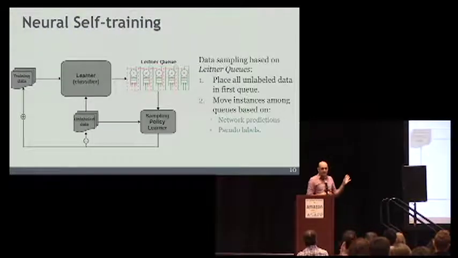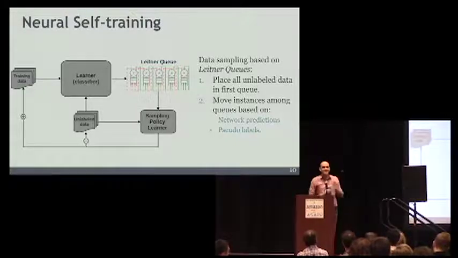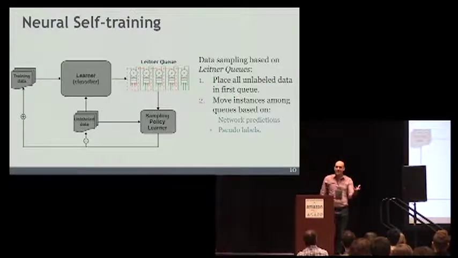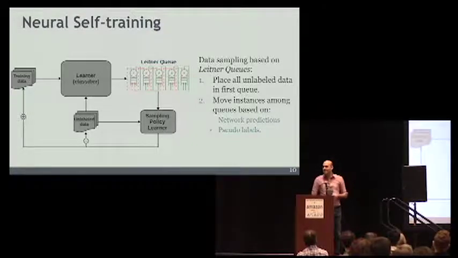All right, so this is the general architecture that we have developed for this task. It looks different, but it is exactly the same as before. At every self-training episode, we create a classifier and we sample unlabeled instances.